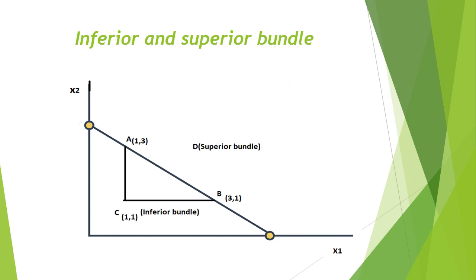It is called an inferior bundle. But the point D is outside the budget line. Here, the consumer's income will not be enough to buy both goods x1 and x2. It is known as the superior or preferred bundle.